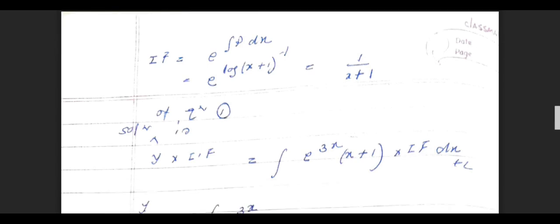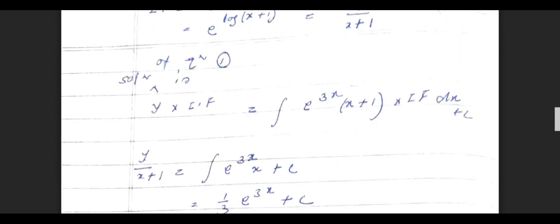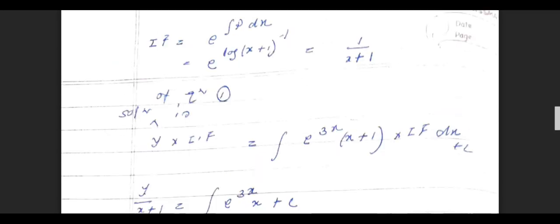So you write the equation in the form like this. The equation given is: e to the power minus 2 square root of x divided by square root of x, minus y by square root of x, into dx/dy, equals 1. Square root of x means x power 1 by 2.